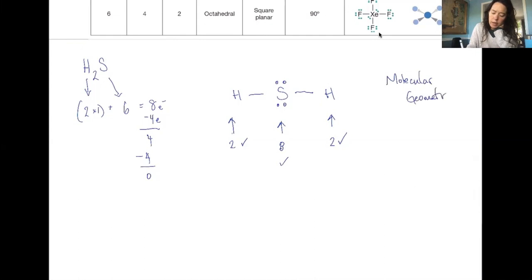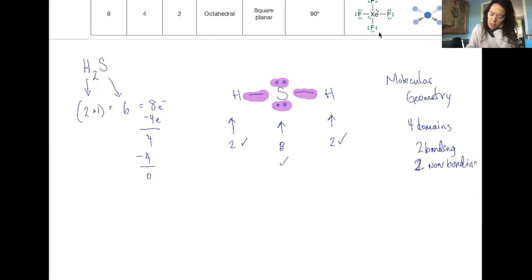Let's get our molecular geometry. Let's look at the number of domains. 1, 2, 3, 4. So I have 4 domains. Within those domains, 2 are bonding and 2 are non-bonding.